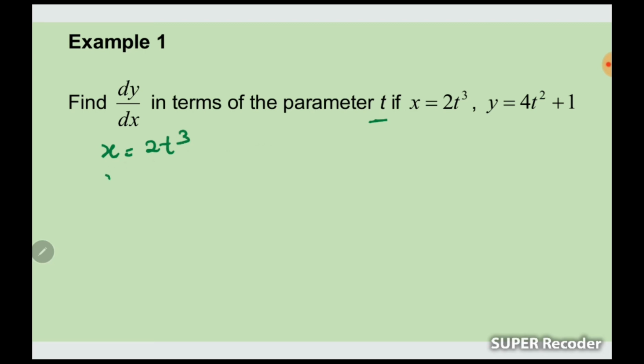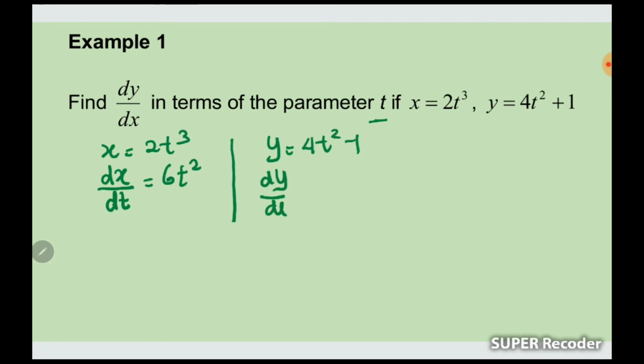We differentiate x with respect to t, that is dx/dt, and the answer is 6t squared. Then we write y in terms of t: y is given as 4t squared minus 1. Therefore, dy/dt is equal to 8t.